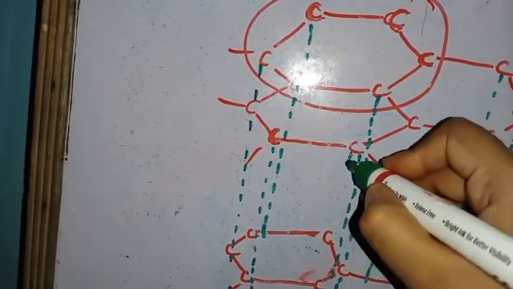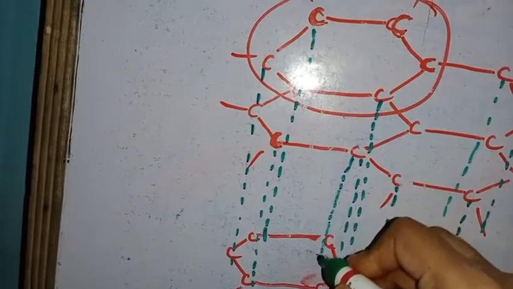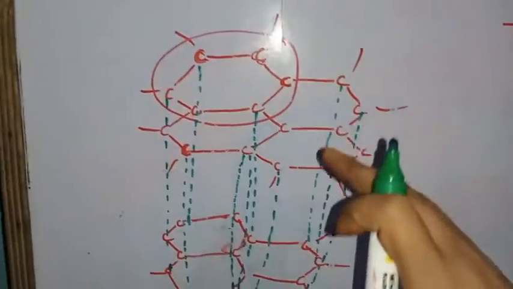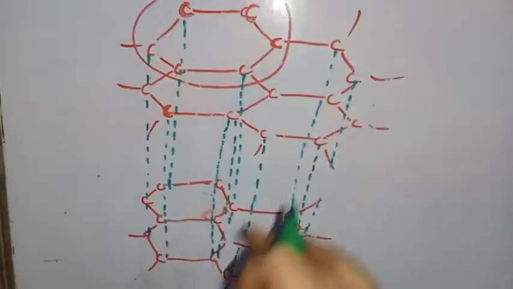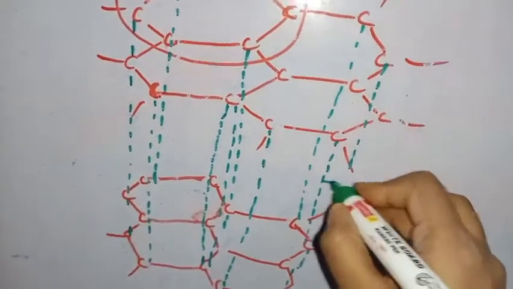As you can see, these rings are one above the other. The layers of hexagonal rings are attached to one another with a very weak force, as I have shown you in green color.